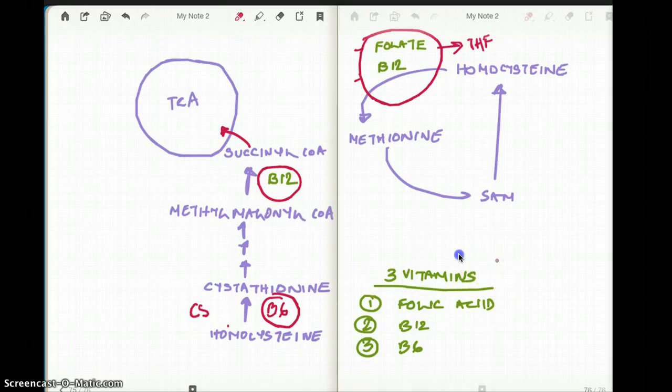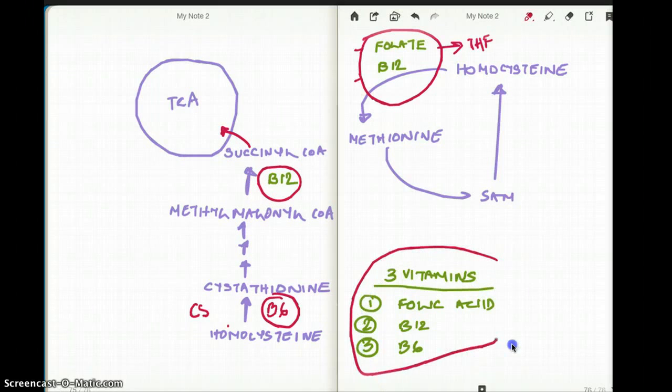So really we're using three vitamins in the vomit pathway: folic acid, B12, and B6. We're using B12 in two different situations, from methylmalonyl-CoA to succinyl-CoA, and homocysteine to methionine, two different spots, but we're only using B6 in only one spot, and that is homocysteine to cystathionine.